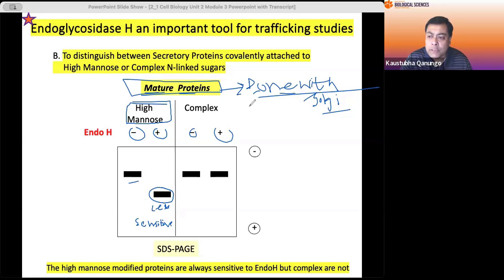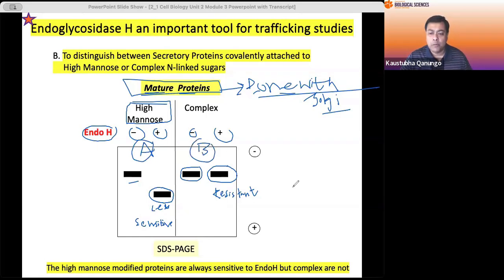Whereas the mature proteins here are the same as the original molecular weight, they are resistant to endo H. Based on that, if I tell you that you have a mature protein out of your Golgi, you treated them with endo H, and you have a protein A and a protein B, which is what protein?